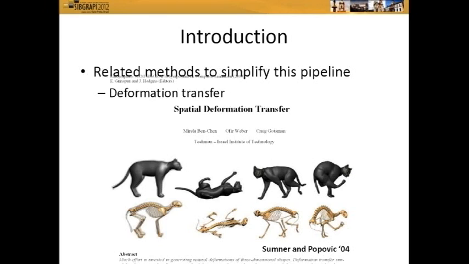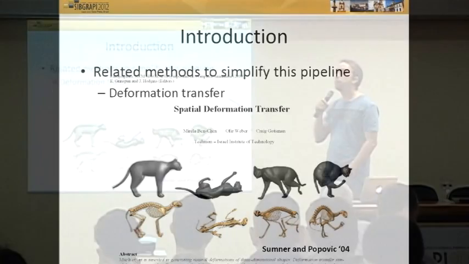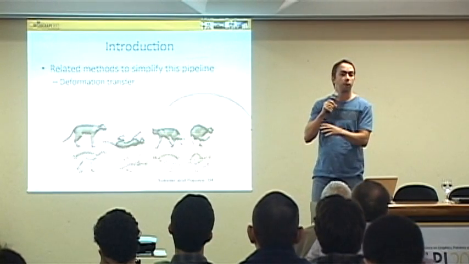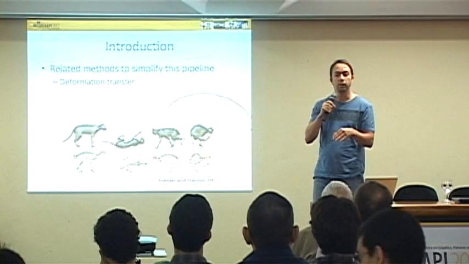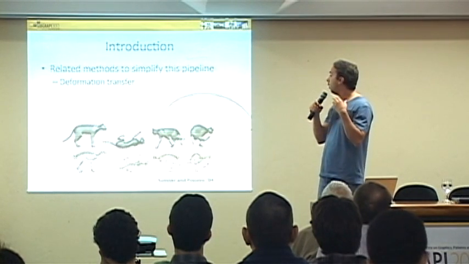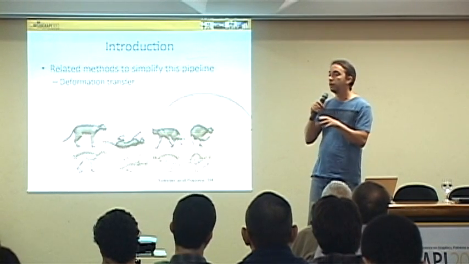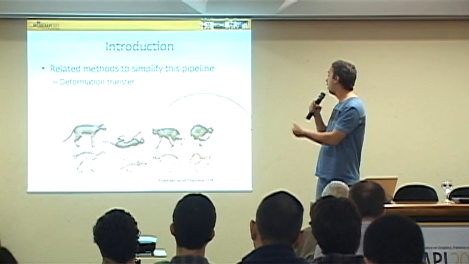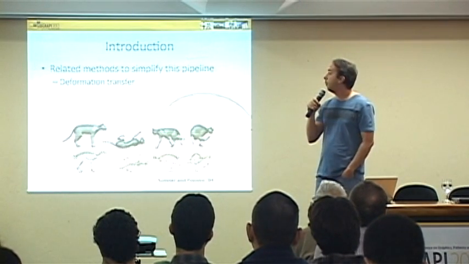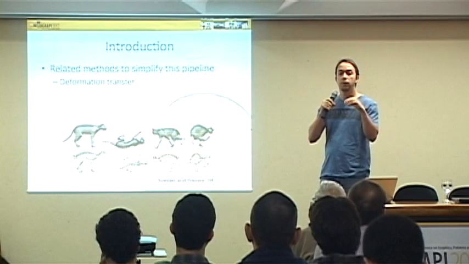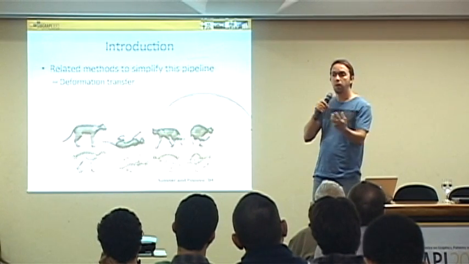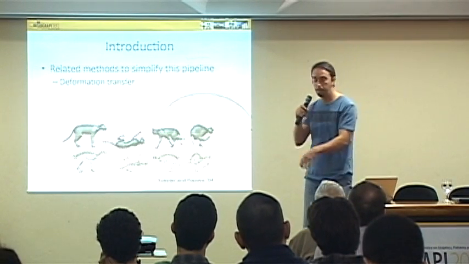People in the past started to see this problem with skeletal-based animation, and they developed some mesh-based techniques that would forget about the kinematic skeleton underlying the surface and work directly on the mesh. One of the first methods was the one by Sumner and Popović, deformation transfer, where they could transfer the deformation from one input mesh sequence to another one.